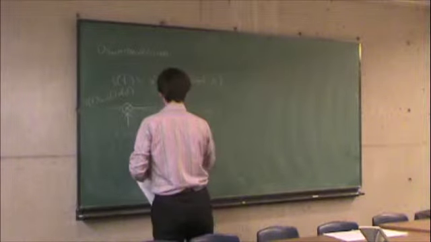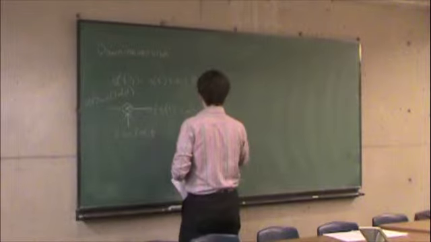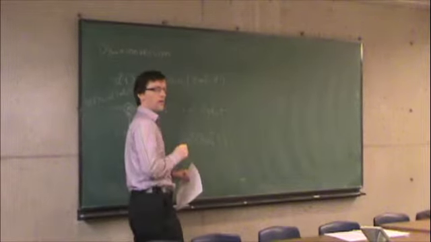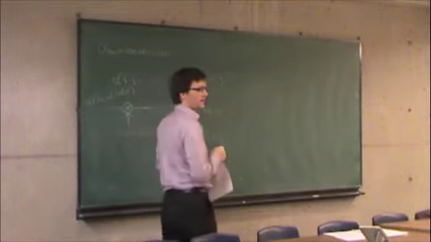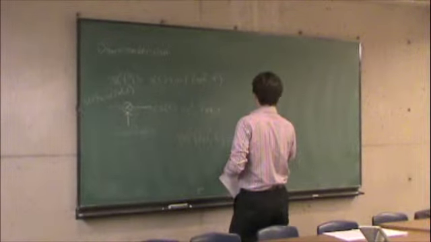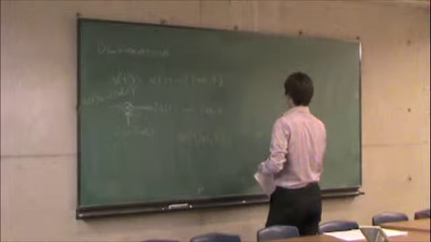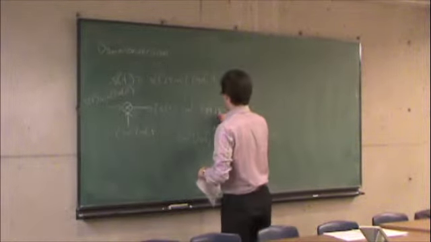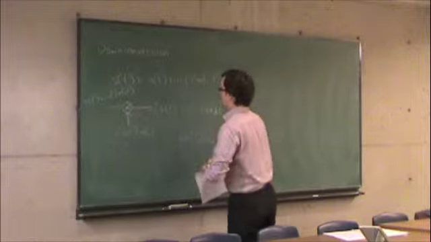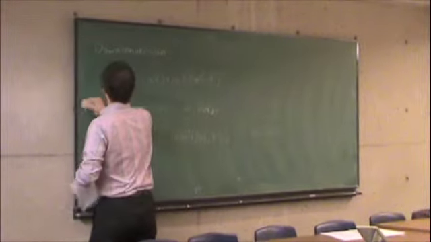And what is sine squared? Does anybody know this identity? Anybody? 1 minus cos 2x over 2. Yeah, excuse me, that should be f d. Oh, sorry, this should all be in discrete time.